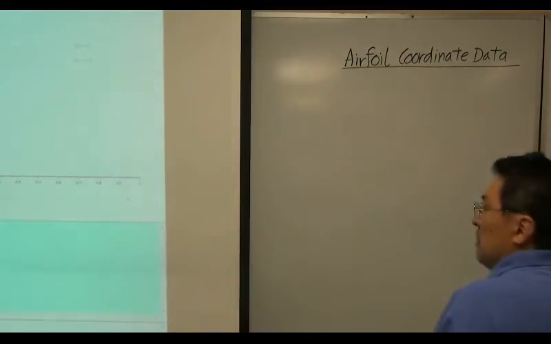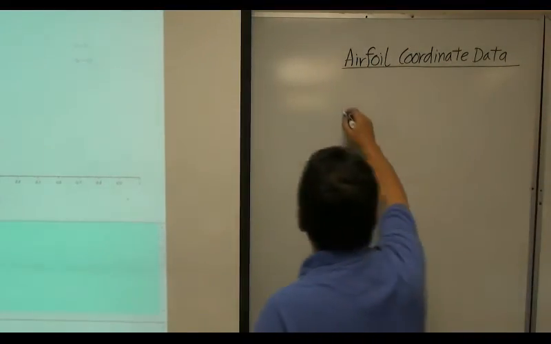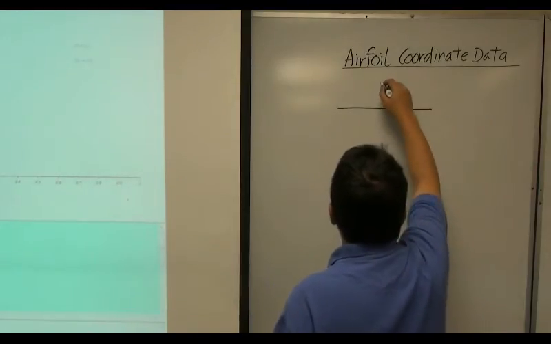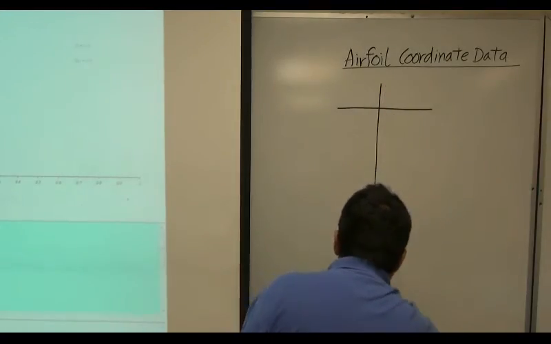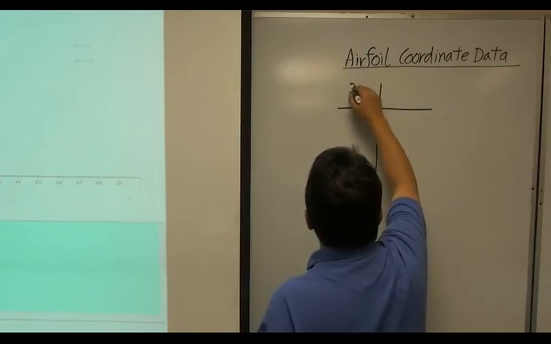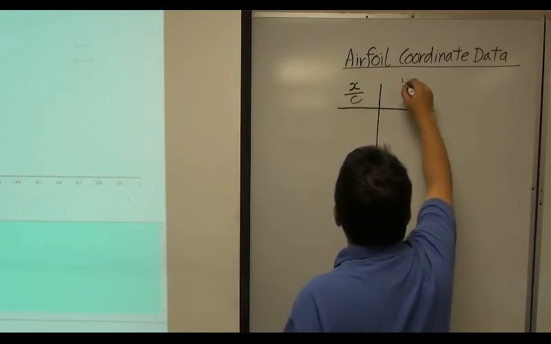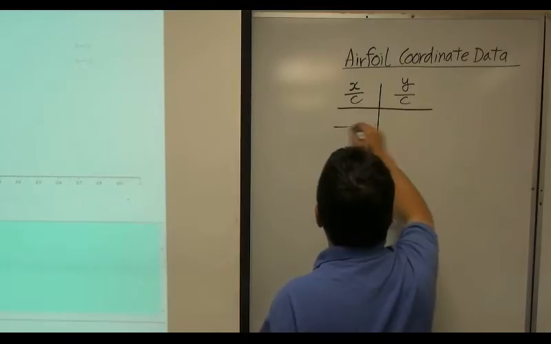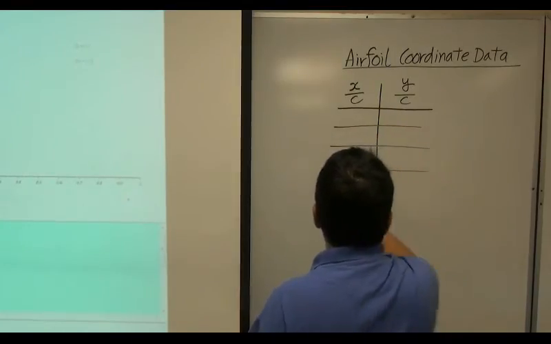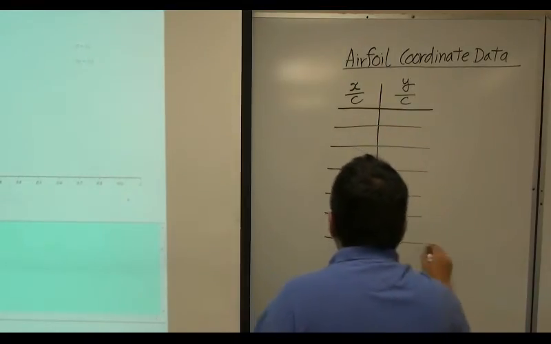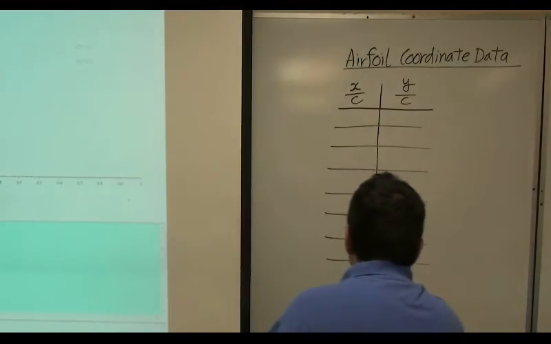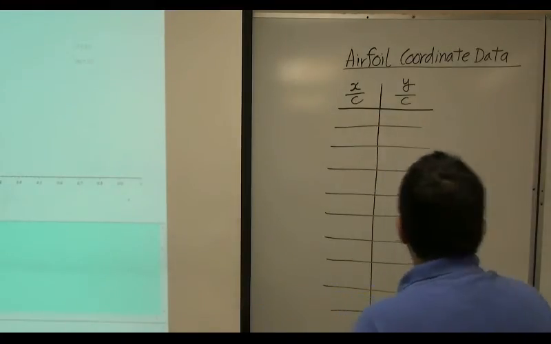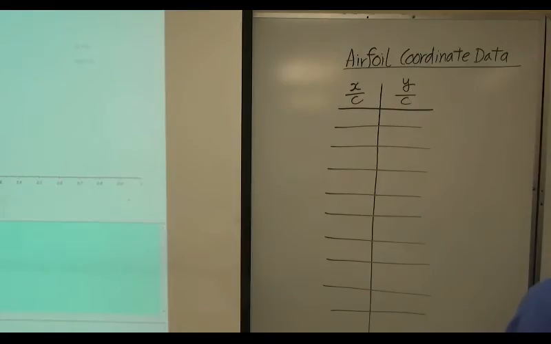Okay, so this Java applet takes the coordinate data just like this. This is X over C. This is Y over C. Let's be very careful. This is X over C, Y over C. Okay.